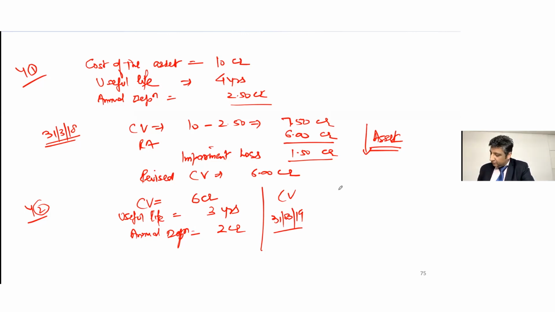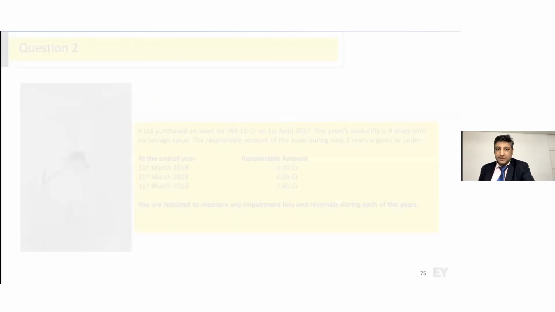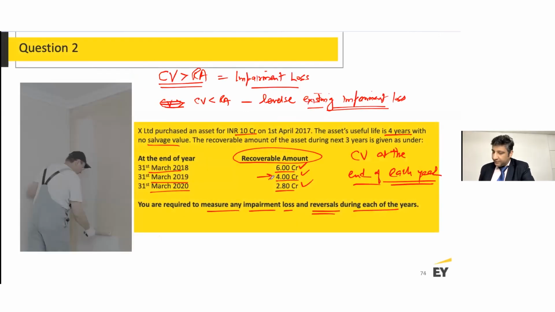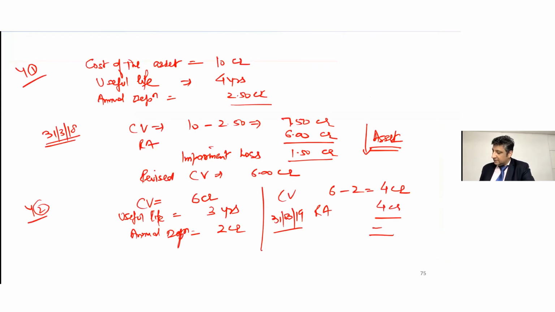The carrying value will be 6 minus 2, that is 4 crores, and I'm also provided with the recoverable amount, which is 4 crores. So the carrying value is equal to the recoverable amount, which means that I'm not going to do anything in my books for the year 2. That is on 31st of March 19. There's no further impairment loss, not even a reversal.